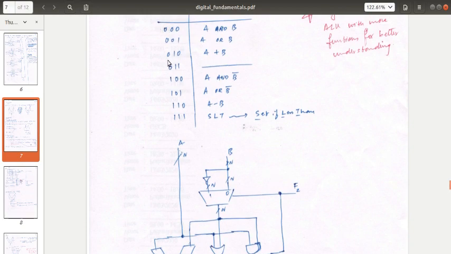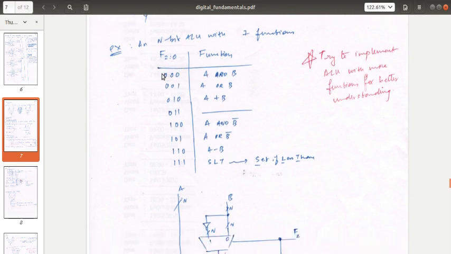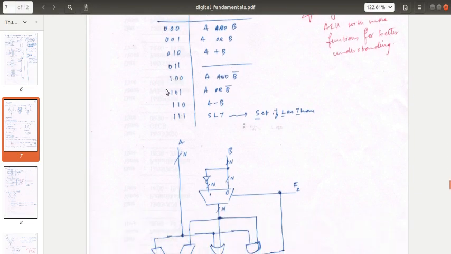For the operations where we want B, F2 is 0, where the function bits are F2, F1, F0. Pretty standard stuff. So here if F2 is 0, B is taken as B itself, and if F2 is 1, B is taken as B bar. Here we are using A minus B. How are we implementing A minus B?